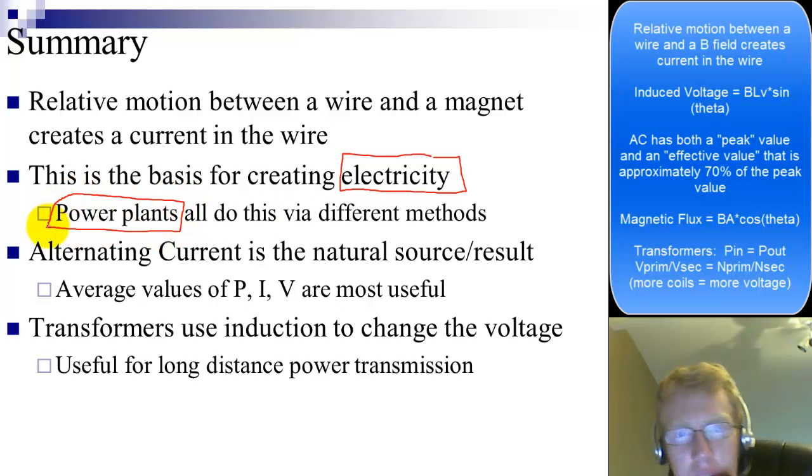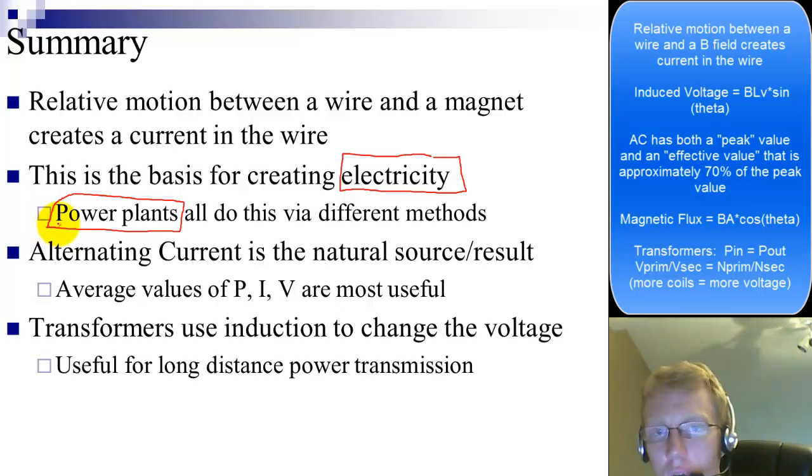So the different types of power plant, like a coal power plant, a hydroelectric power plant, or even a nuclear power plant, all have different methods for trying to rotate these magnets relative to these wires to create current. For example, in a hydroelectric plant, I think it's just the water traveling past as it falls, which is causing rotation like the one that we saw in the simulation.